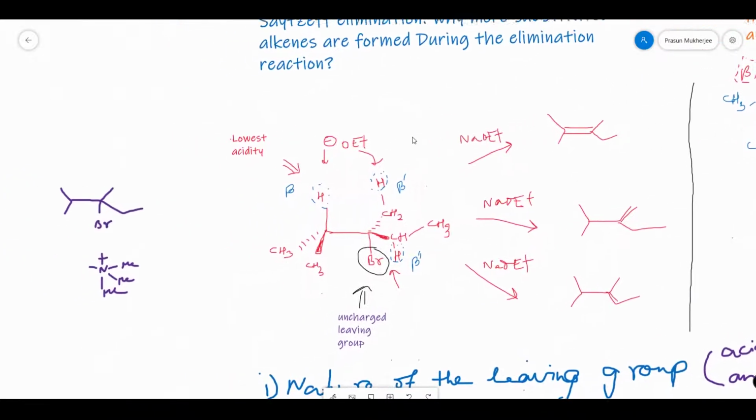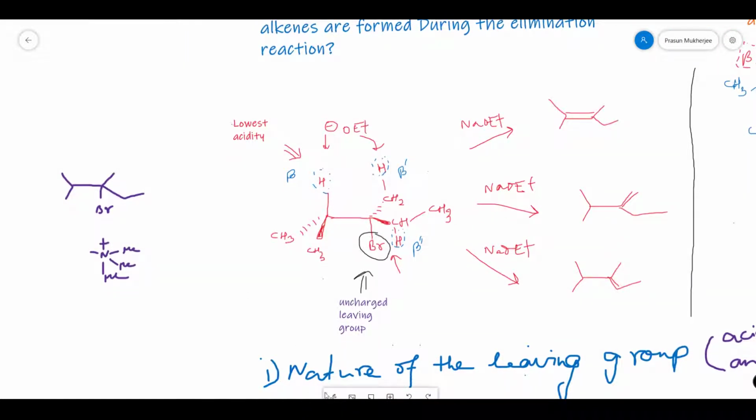Okay, so this is the substrate which I have chosen as an example to illustrate the mechanisms.